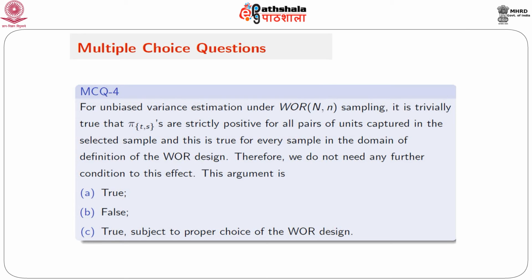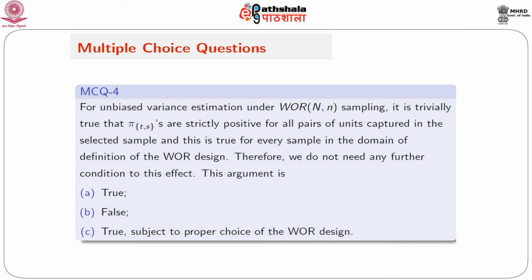We will agree with this. If my sample has the units 1, 3, 7, the probability of getting 1, 3, 7 must be something positive. Therefore, pi 1,3, pi 1,7, pi 3,7 are trivially positive. That is what the first sentence says. It is trivially true that pi ts's are strictly positive for all pairs of units t and s captured in the selected sample, and this is true for every sample in the domain of definition of the without replacement design.